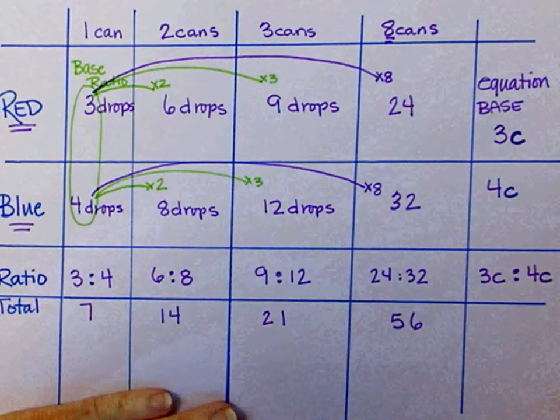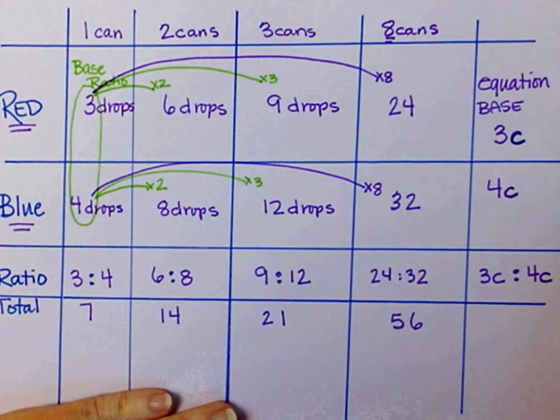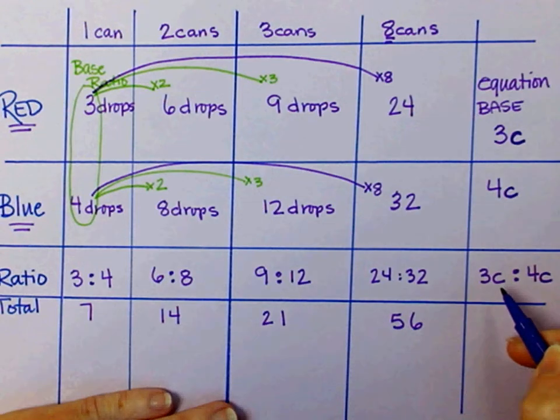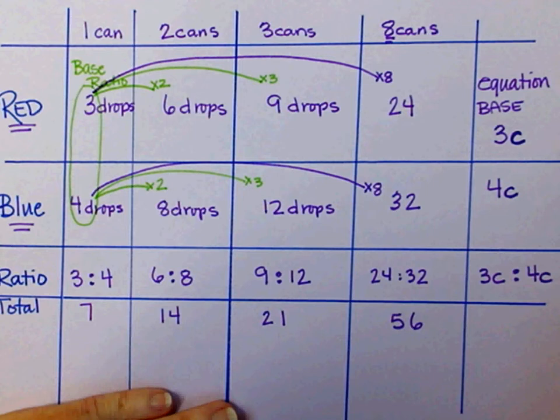When I find out how many I want, then I can take the C away and insert that number. Maybe it's 10. Maybe it's 279. I can replace the C and multiply by 3 to get the red and multiply by 4 to get the blue. So when I look at my total, it's going to be adding those two together.